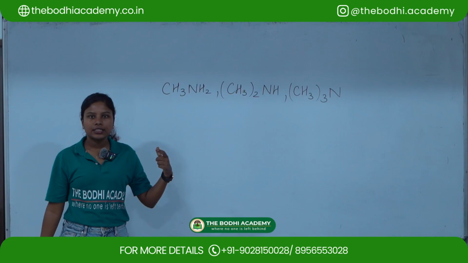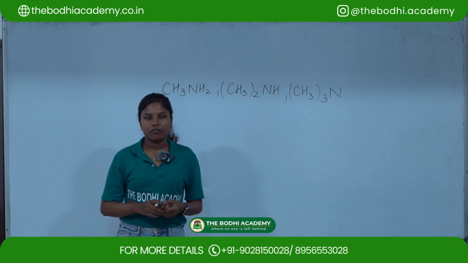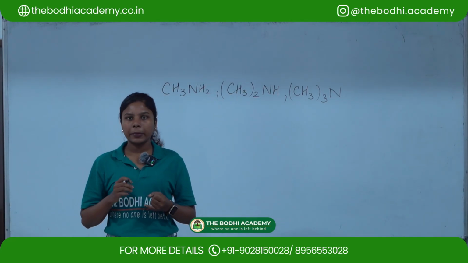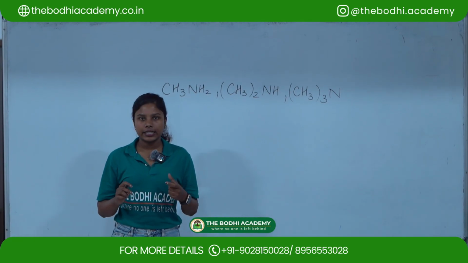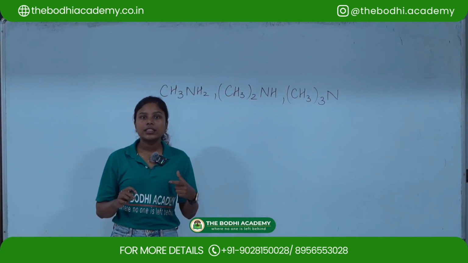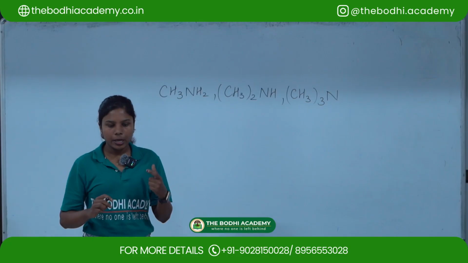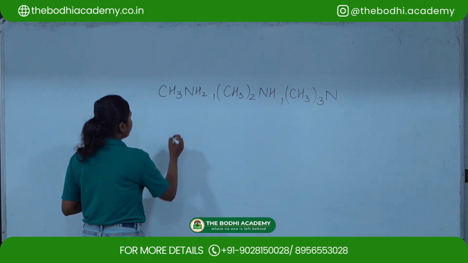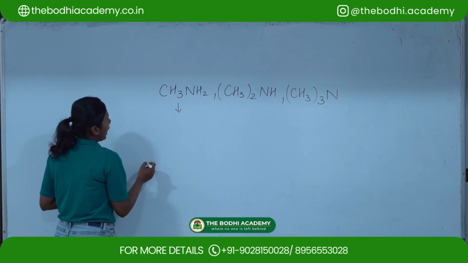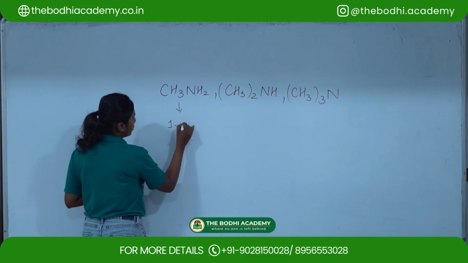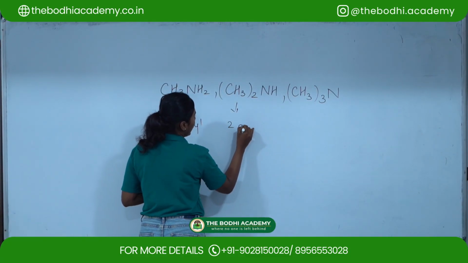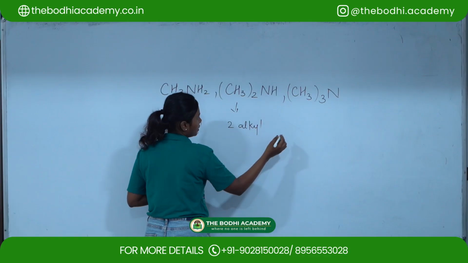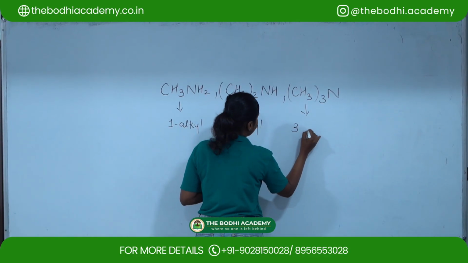So these are the three molecules that we have. Now talking about the basicity, in amines we should know that the basicity increases with the number of alkyl groups that are present. Over here, this one has one alkyl group, this one has two alkyl groups, and this one has three alkyl groups.